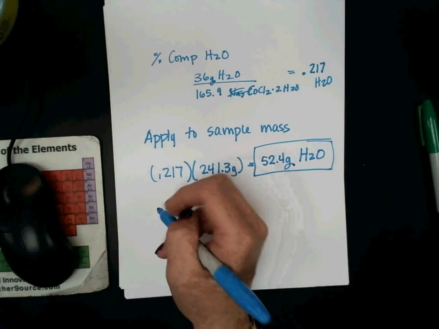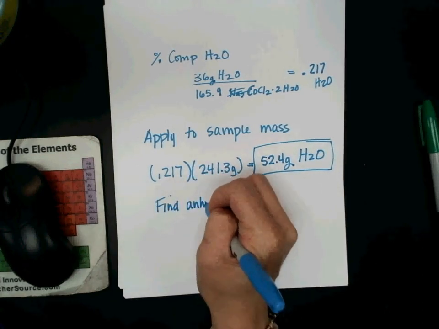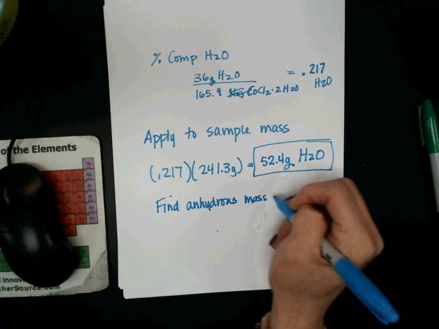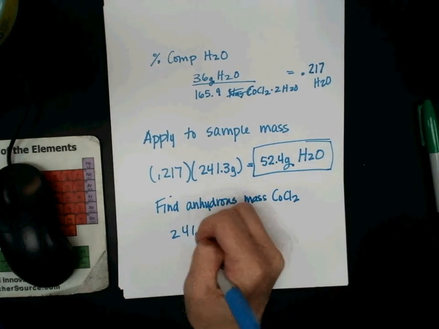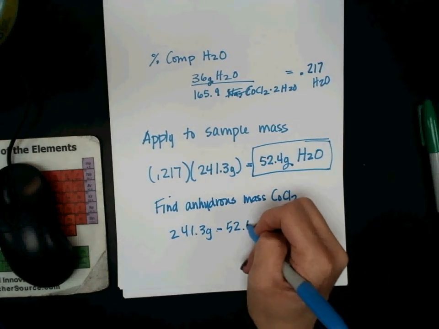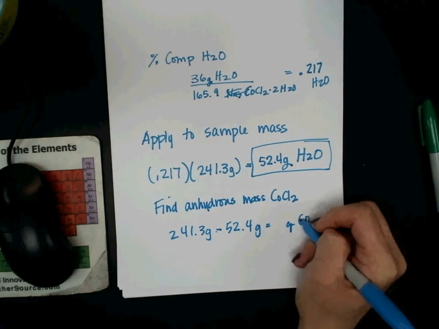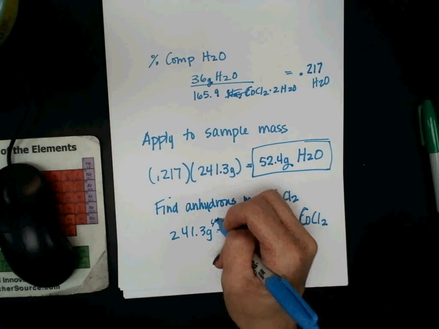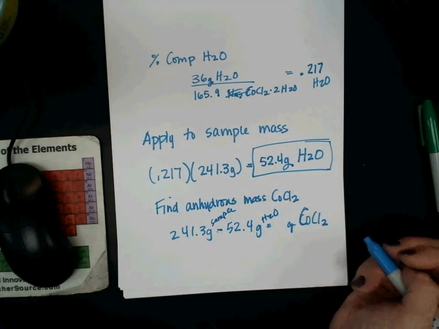Good. So I started with, let's see, we're going to now find the mass. CoCl2, so I would take my 241.3 grams minus my 52.4 grams, and that would give me grams CoCl2. And this is grams of the sample, so that's with water, and this is the grams of H2O.